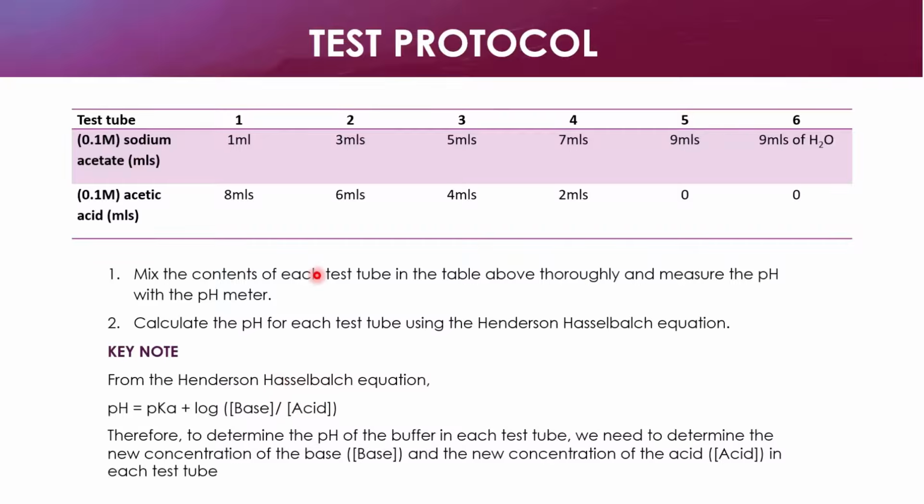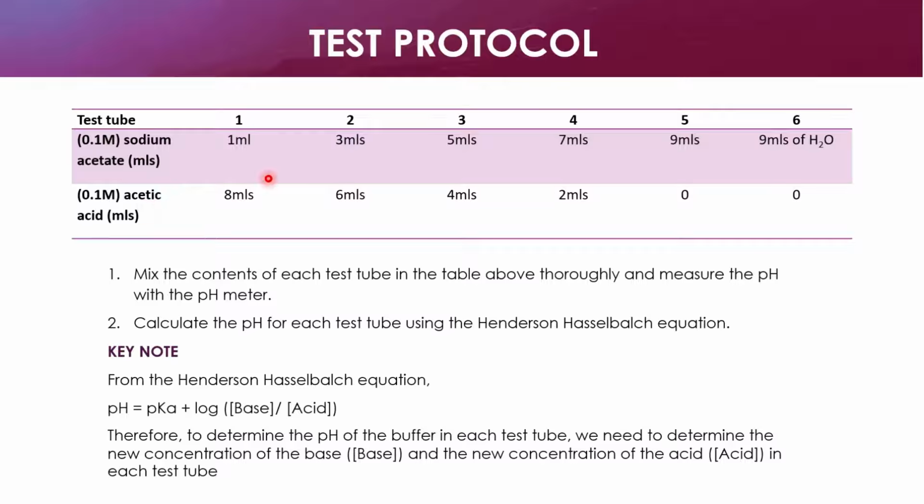Now, using the table here to prepare our test solutions, the first thing to do is to mix the contents of each test tube in the table thoroughly and measure the pH with the pH meter. We can see that for test tube 1, we have 1 ml of the 0.1 molar sodium acetate and 8 ml of our 0.1 molar acetic acid.